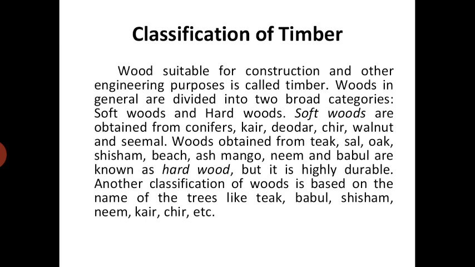Softwoods are obtained from conifers, like chir, deodar, cheer, walnut, and semal. Woods obtained from teak, sal, oak, shisham, beech, ash, mango, neem, and babool are known as hardwood. But it is highly durable. Another classification of woods is based on the name of trees like teak, babool, shisham, neem, kail, cheer, etc.